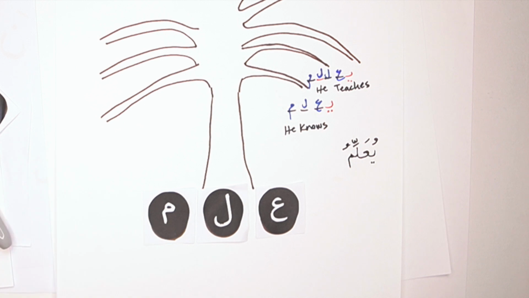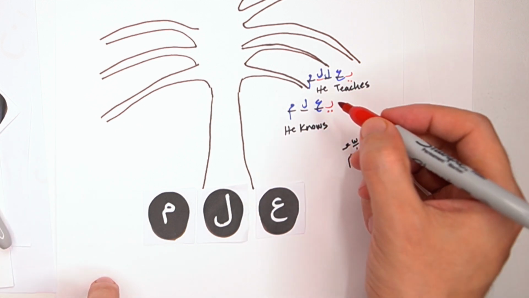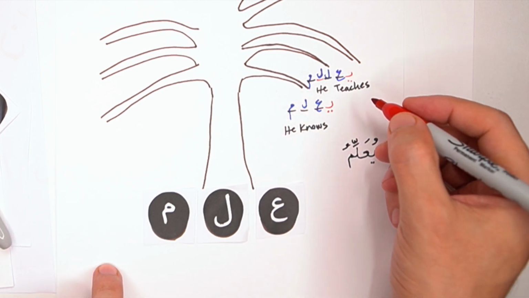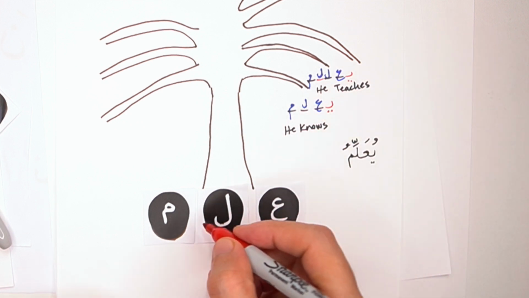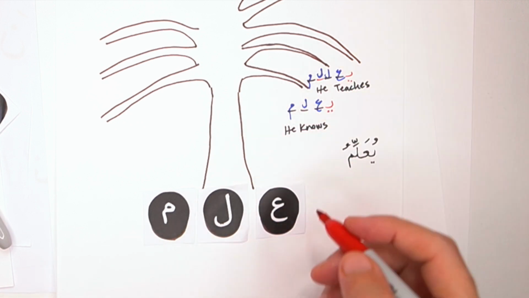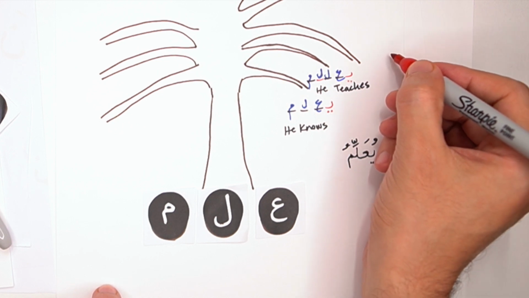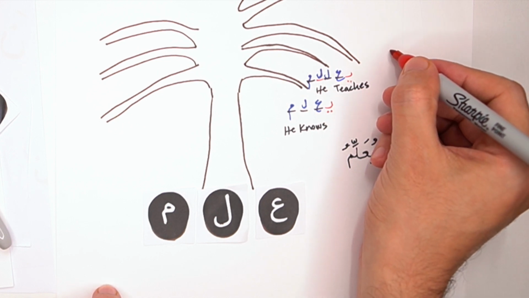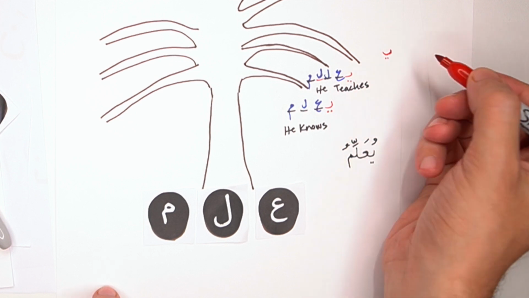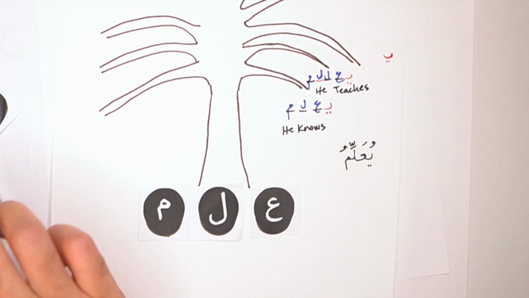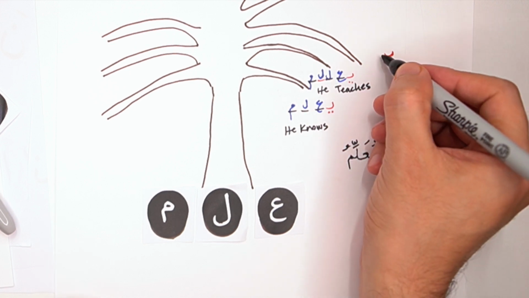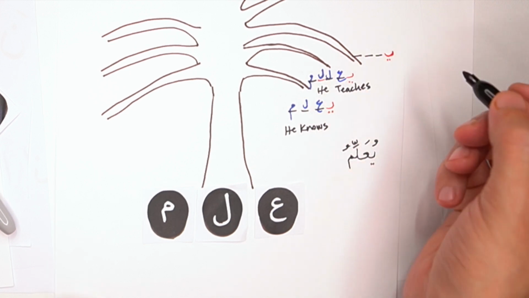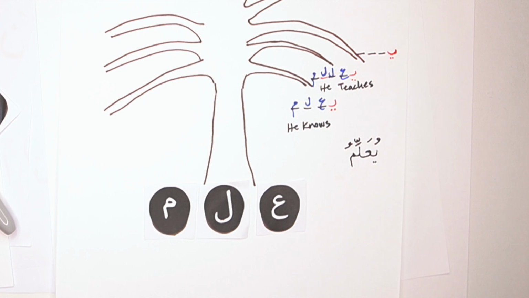Right, let's do another one. So he knows, he teaches. Notice the meaning of ilm, which is knowledge, is found in all of these. The next one is, okay, you have that.